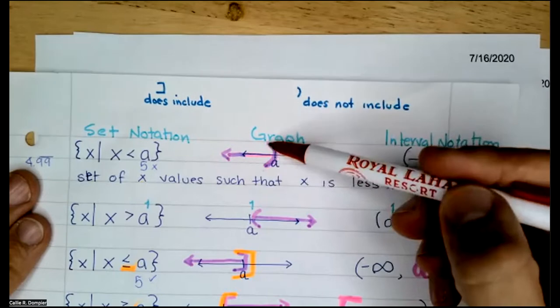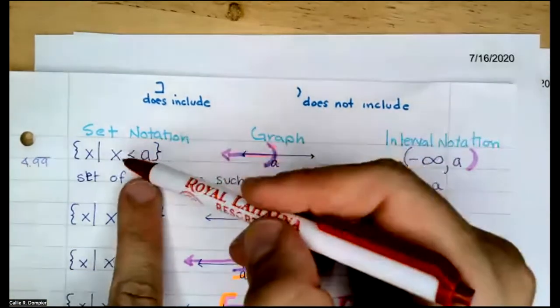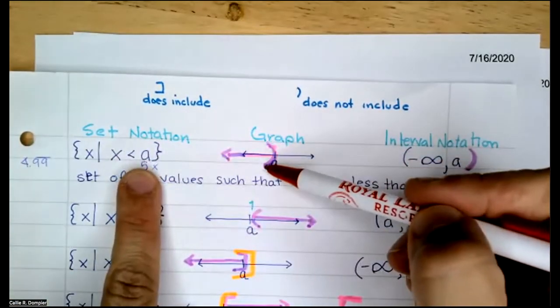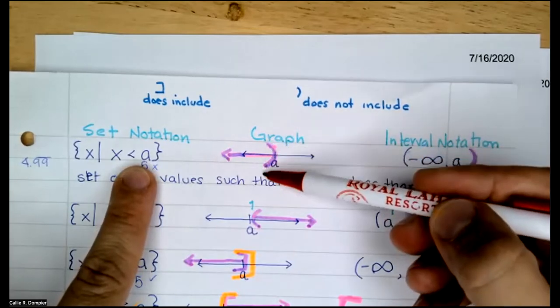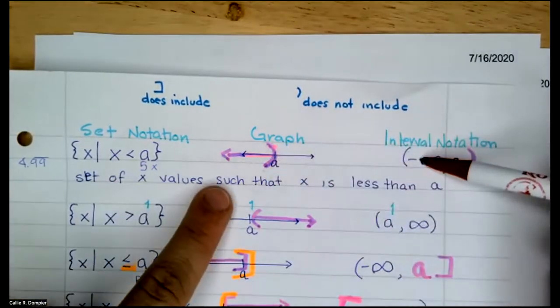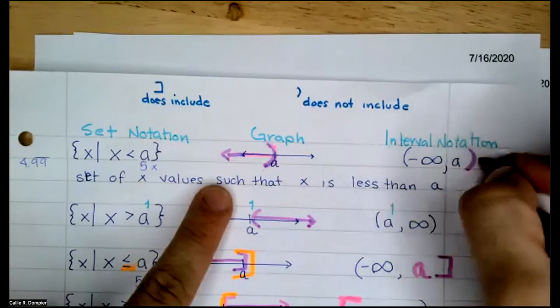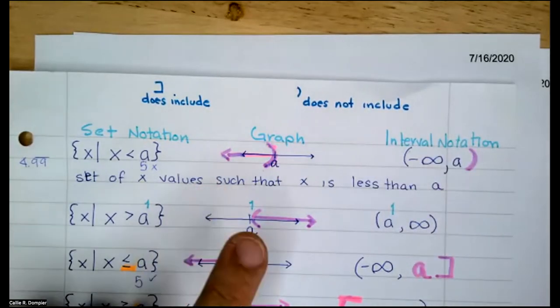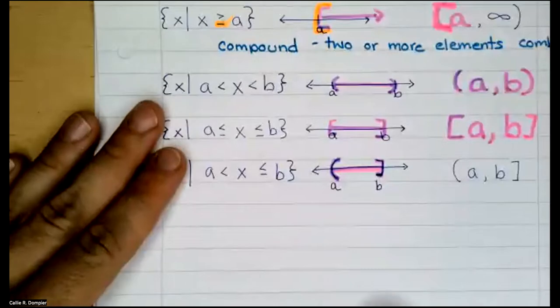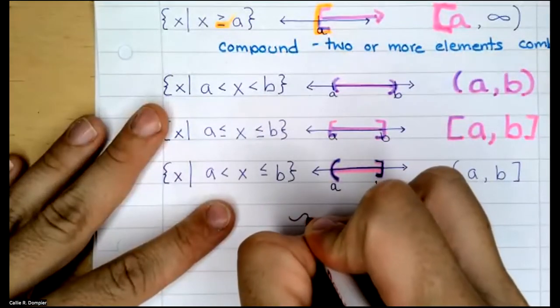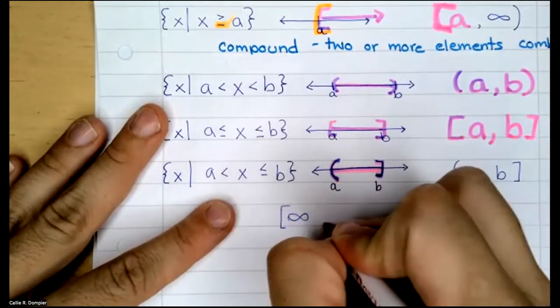Good. So graph it first. It does not include A, so graph the parentheses, and then when you're writing interval notation, just include whatever you started with, okay? Also very important to note is infinity will never have this.